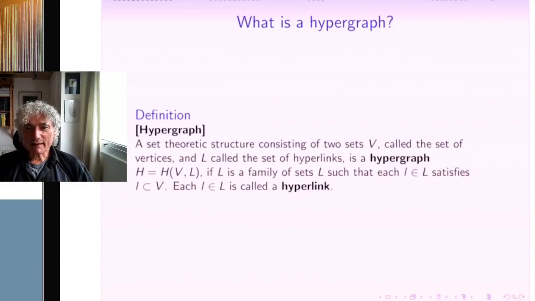This is a hypergraph which we denote by capital H, and H depends on the set V and on the set of hyperlinks L. L is a family of sets such that each L in capital L satisfies that L is a subset of V. So in other words, we are now forming subsets of the basic set V, the set of vertices. And each L in this set capital L, the set of hyperlinks, is itself called a hyperlink.